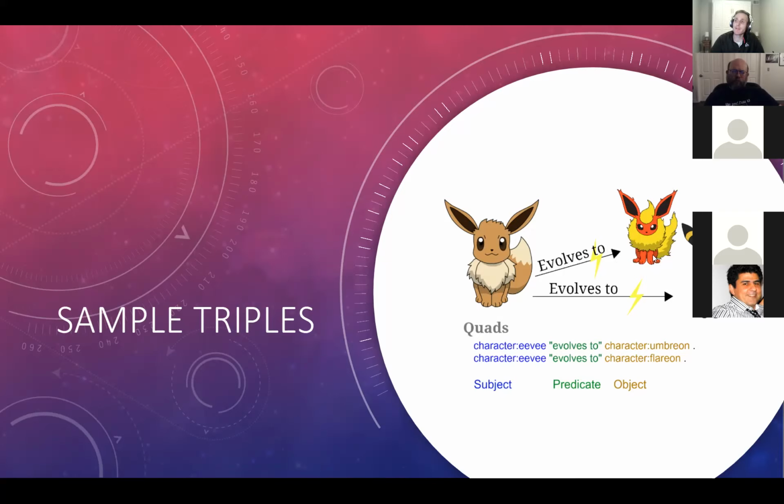But if they could de-evolve, then maybe you'd want to add an arrow back, and maybe you'd use a different predicate for that. Maybe it would be de-evolve or something like that. And then you could have relationships back, but it would have another arrow, and that would be a new triple that would say, you know, Flareon de-evolves to Eevee. Okay, thanks. And so it's always subject, predicate, object for every piece of information.